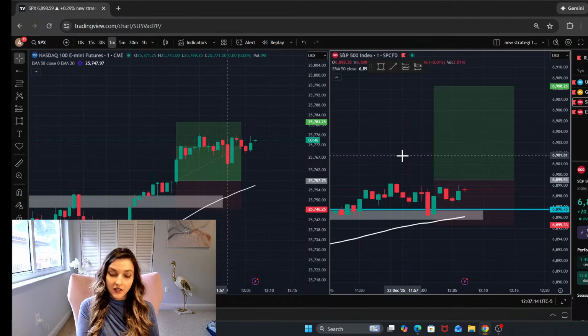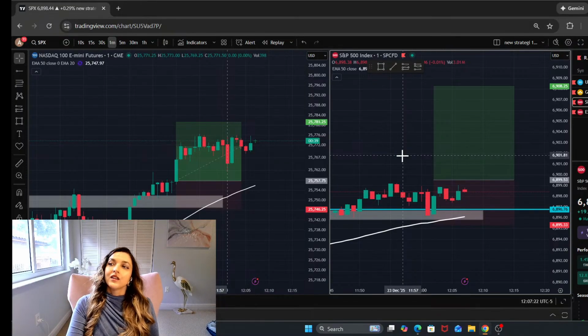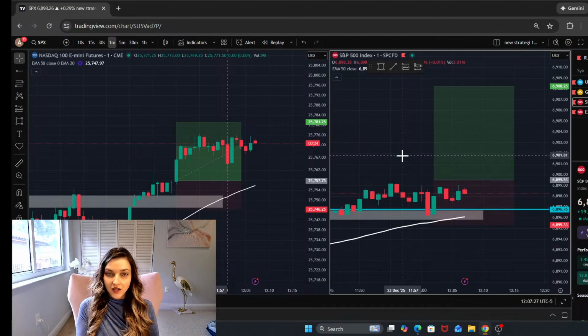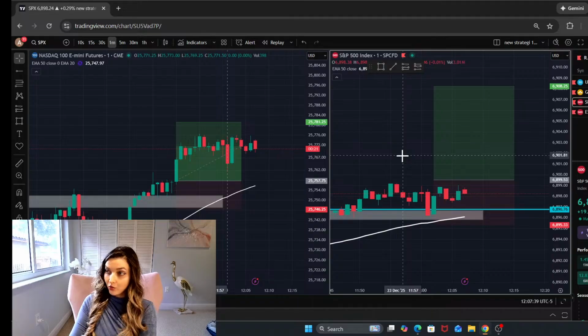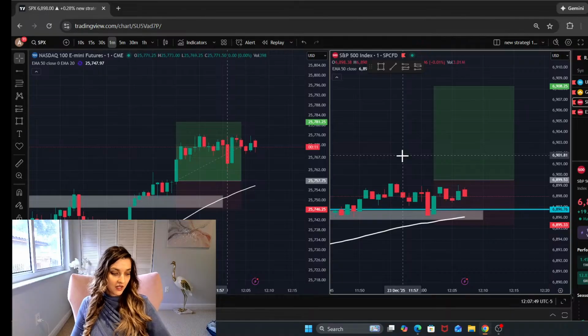Because I didn't have it on my phone, and I'm bad at remembering passwords, I would just stay away from it. I'll take the loss, and because I didn't have it at hand to go back in, it helped me. So if you feel like you want to revenge trade, delete it. Just leave your account on your computer, and that's it.